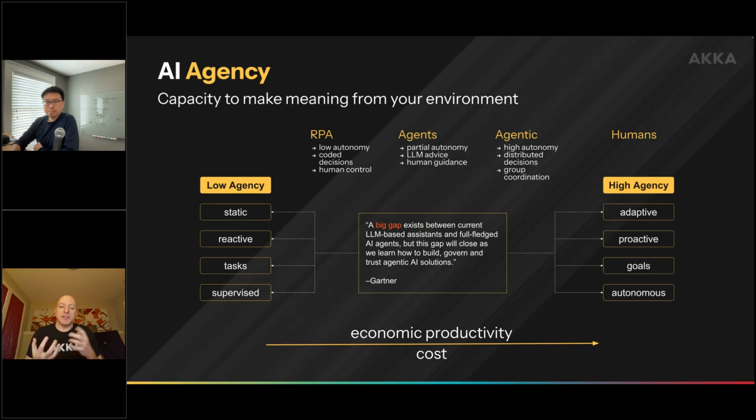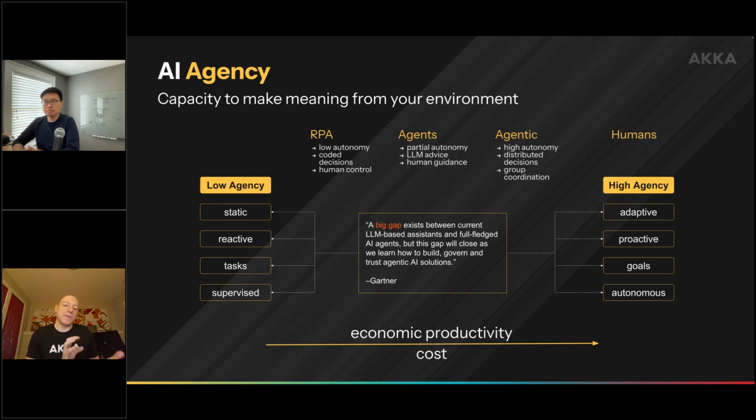Now, AI agency is this capacity to make reasoning or make meaning from your environment. And just for us to have some common nomenclature here, what we've seen is the evolution over the last 15 years from low agency towards high agency systems, where high agency systems are things that can work towards goals and are highly autonomous. The distinction is that we've had RPA, robotic process automation, for a good 15 years.